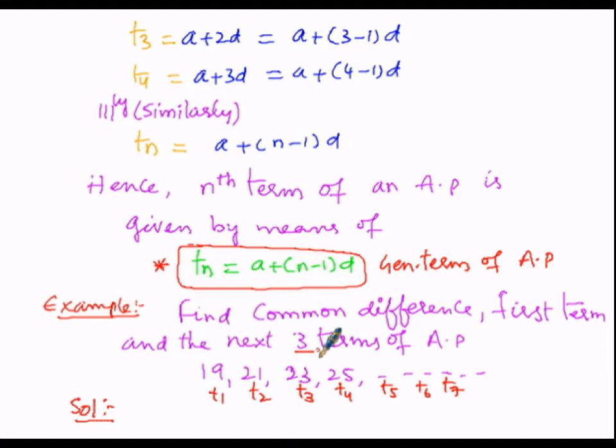Now as per the problem, the given AP is 19, 21, 23, 25 and so on. Here T1, the first term, is A, which is given as 19.